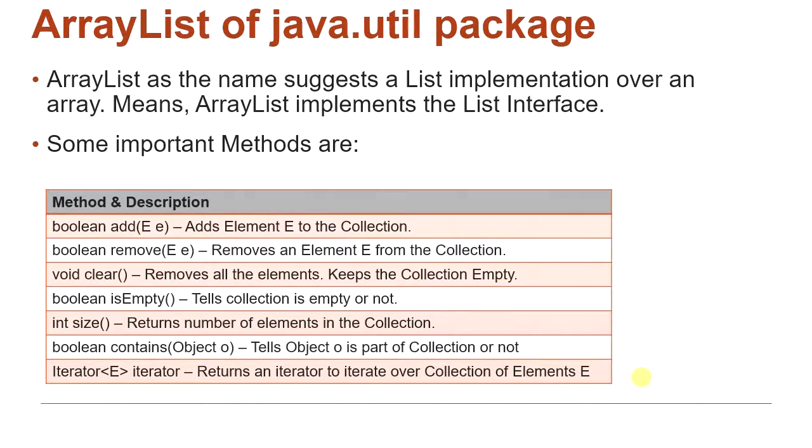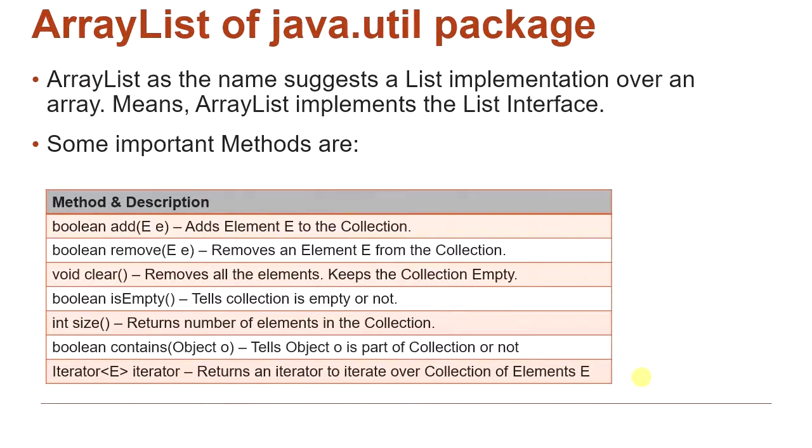Then you can call the remove method by supplying an object element. ArrayList will search its collection, remove the very first occurrence and return true. If it finds the element, it returns true, and if the element is not there in the collection, it won't return true.